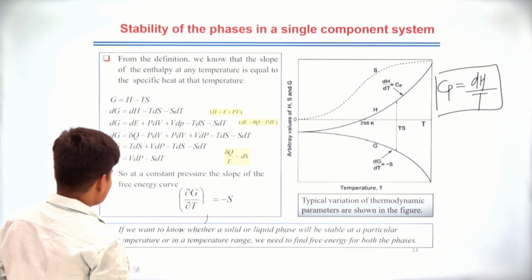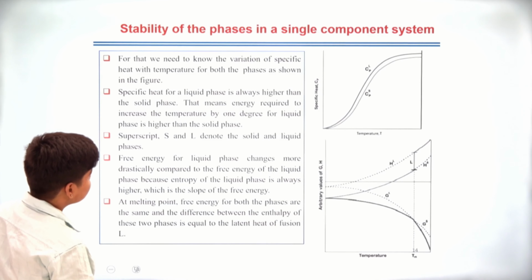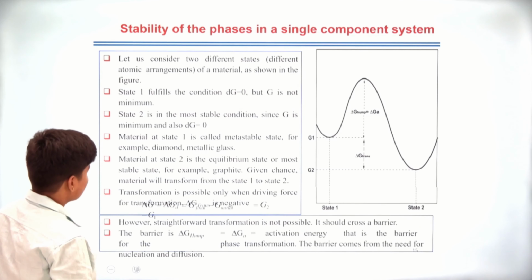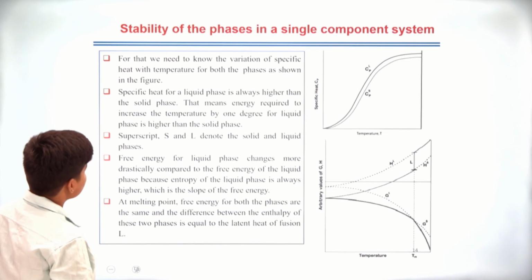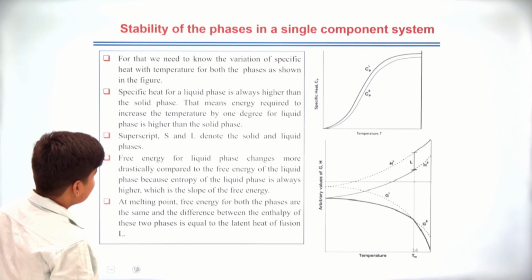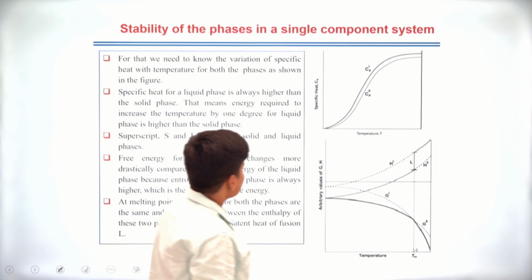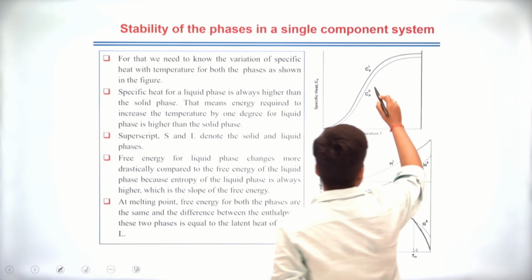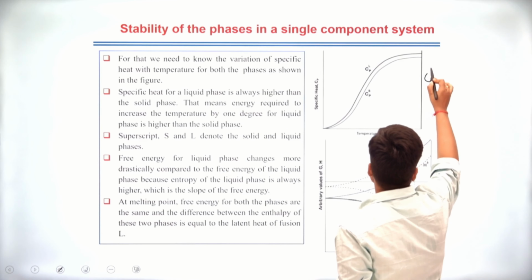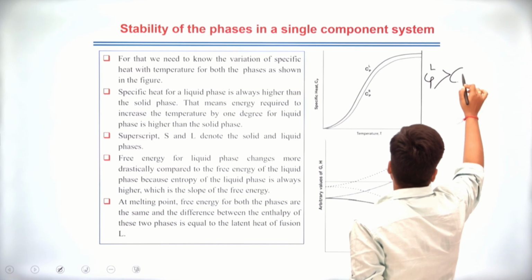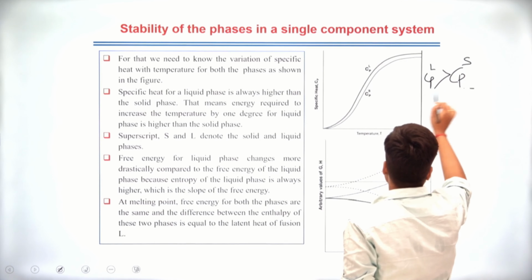Now consider the two systems. In this graph, the heat capacity of the liquid will be higher than the heat capacity of the solid. Why?